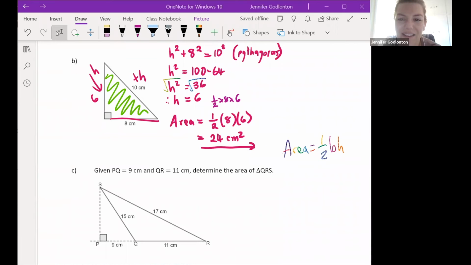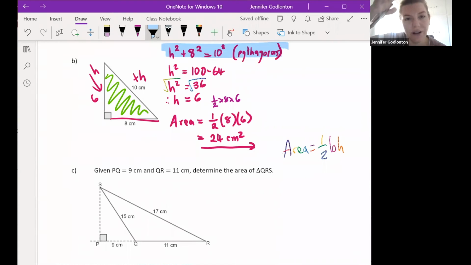Ma'am, I would like to ask, ma'am. So every time when we have to work out the height first, we no longer use the hypotenuse side. So that's what we do here. So when you're finding the height, it isn't the hypotenuse, because the hypotenuse is always the longest side of a triangle.